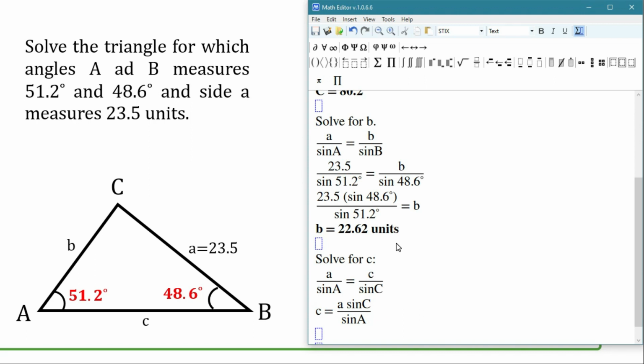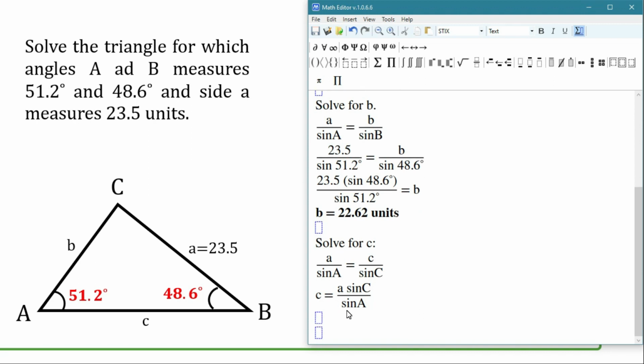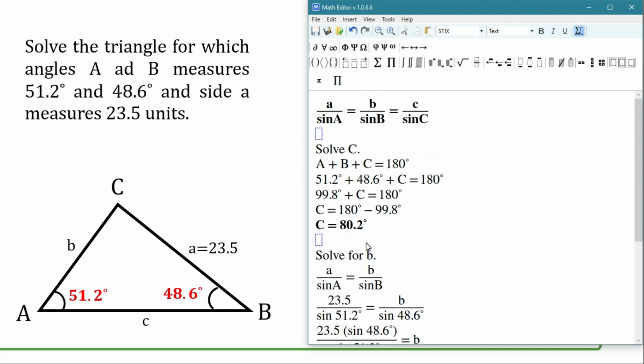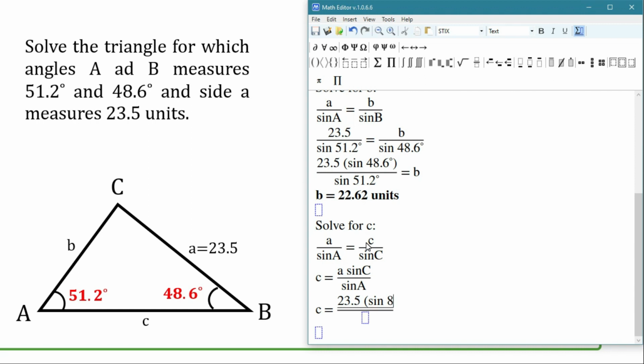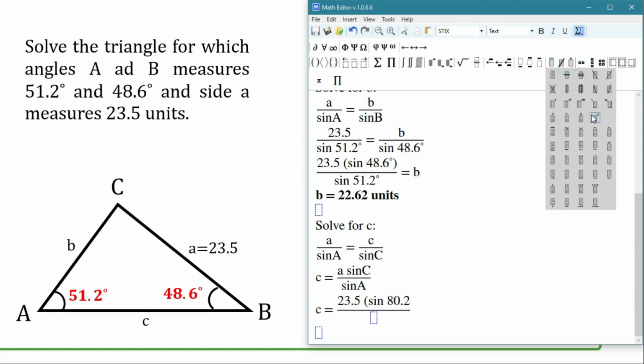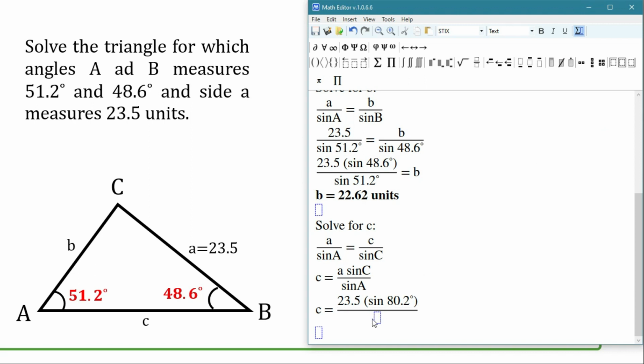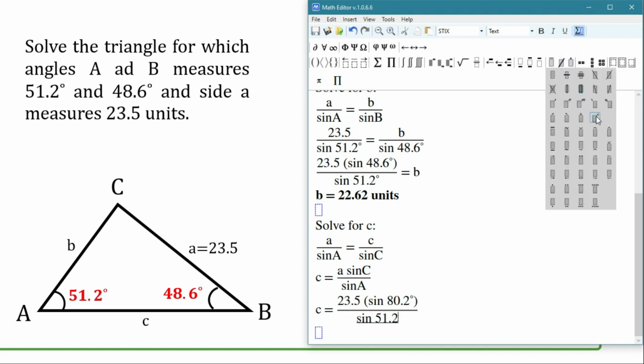And then, before tayo plug in ng ating given sa ating formula, C would be equivalent to the value of A, which is 23.5 units, multiplied by the sine of C. So, si C po natin kanina, na-compute natin siya as 80.2 degrees. So, we have 80.2 degrees over the sine of A, which is equivalent to 51.2 degrees. So, we have sine of 51.2 degrees.